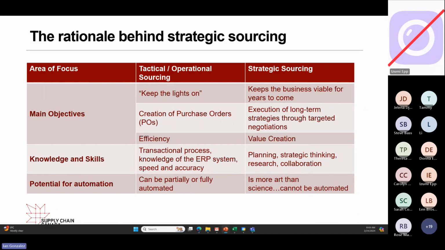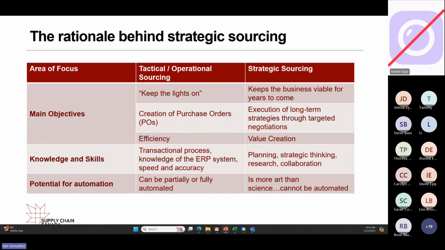And I created these slides almost 8 years ago. Since then, I've seen entire functions in operational sourcing decimated. They were replaced by AI and RPA, or robotic process automation, because it doesn't really take much to automate the transformation of a purchase requisition to an order.